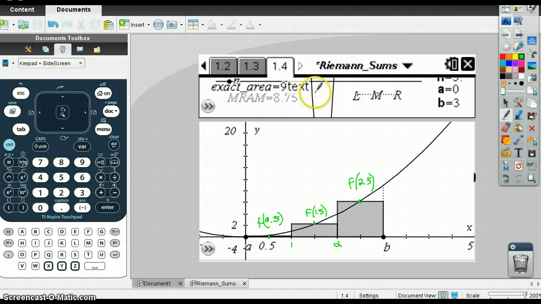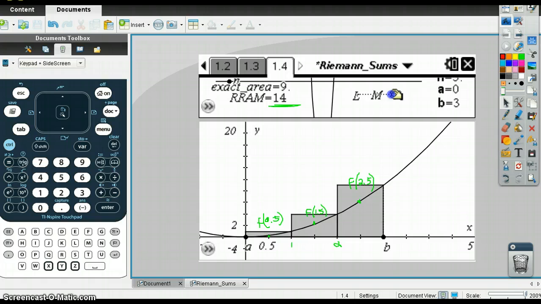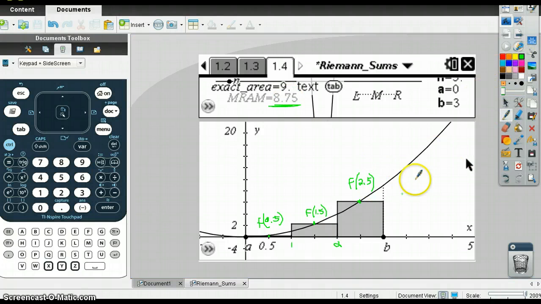Now, last thing I want to point out, look at our MRAM here. When it was a right hand, we're over by a lot. With left hand, you're under by a lot, just for this function and for other functions that are shaped similar to this. But with our midpoint, we're very close. We're going to have some over approximation, but in the same rectangle we have some under approximation, and it looks like those are kind of equal.